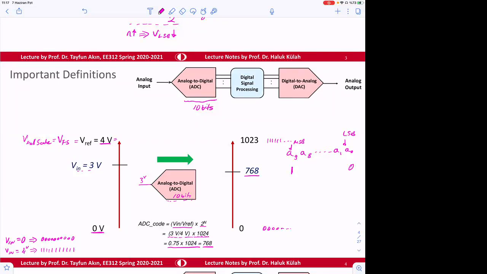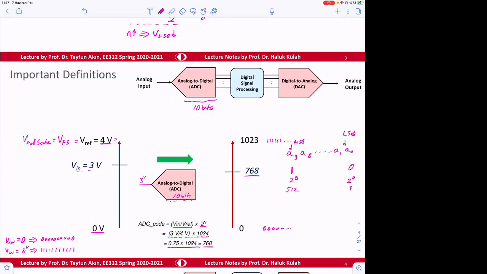So this is how we write the voltage, in terms of logic. This is going to be 2 to the power 0, and this is going to be 2 to the power 9, which is 512. So the weight of this is 1.